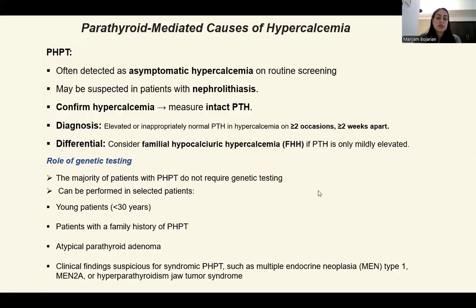Those are the syndromes associated with primary hyperparathyroidism, and you need to send your patient for genetic testing to make sure that this is only primary hyperparathyroidism and is not associated with other genetic problems.